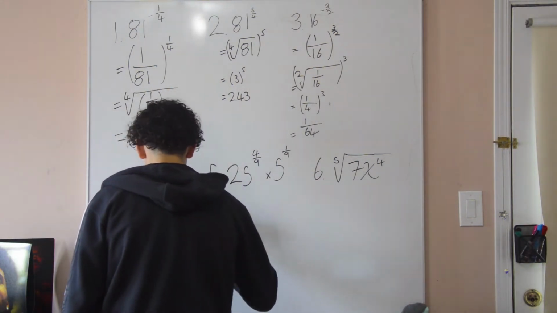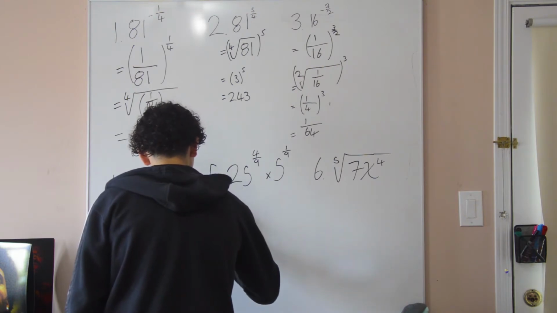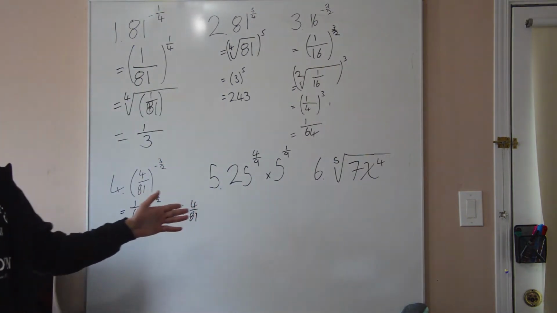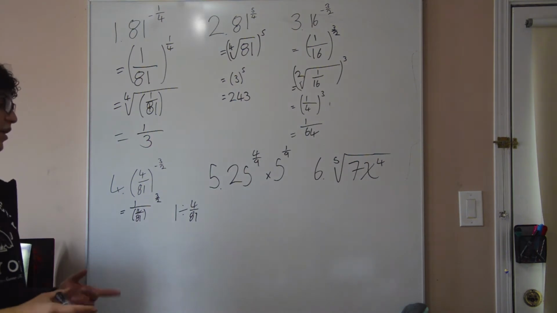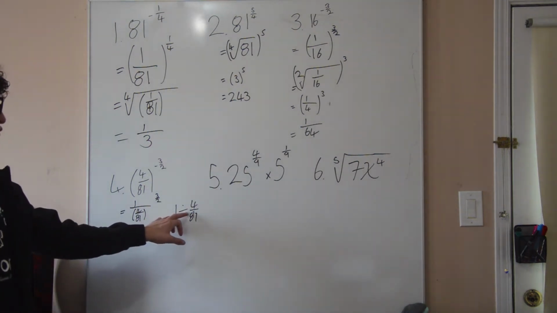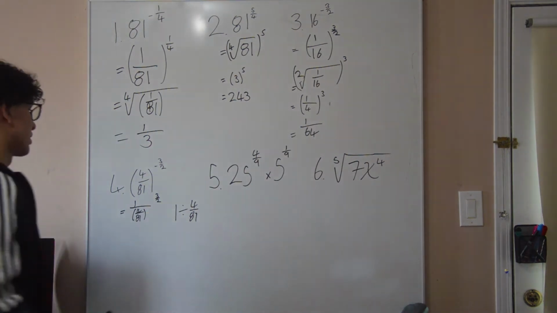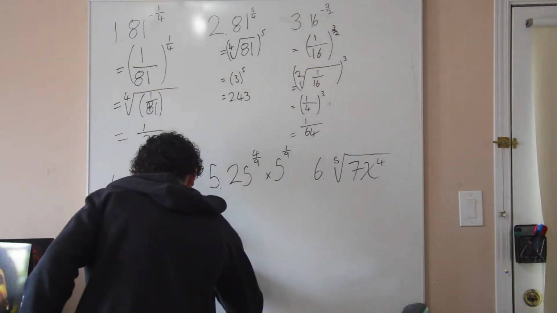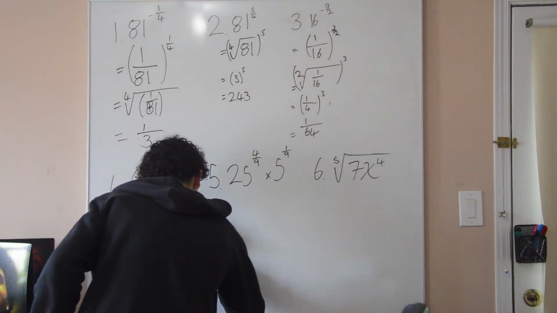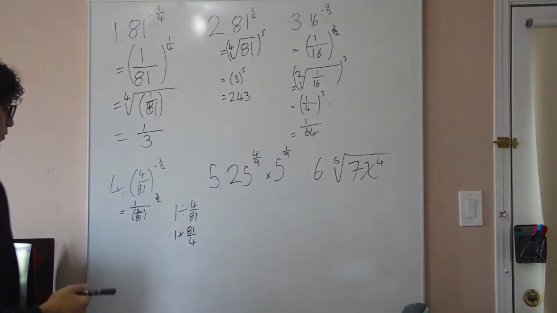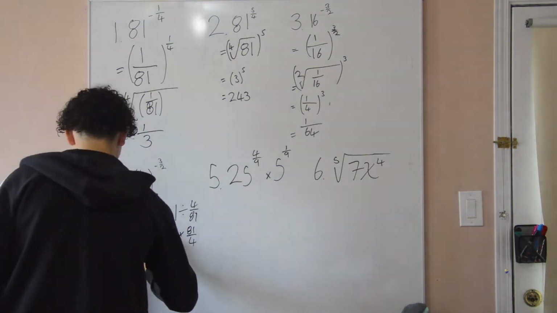If we do 1 divided by 4 over 81, which is exactly what we're doing, if you remember dividing fractions, we turn this into multiplication and we flip it. So then it becomes 1 times 81 over 4, which is just 81 over 4.